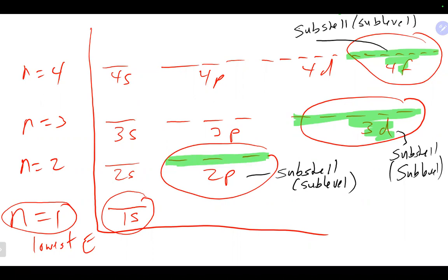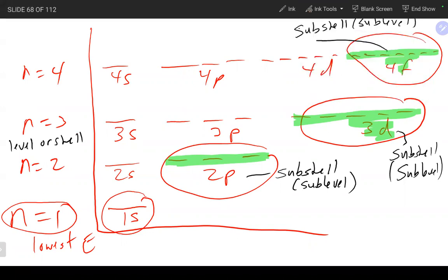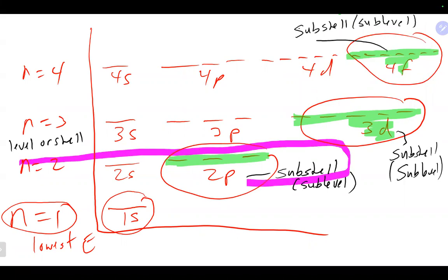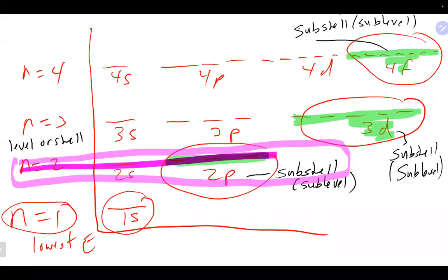Now, other terminology that we commonly use is level or shell. When we talk about a level or a shell, that is everybody on, say, the n equals 2 level, which would include the 2s orbital and the three 2p orbitals all together.